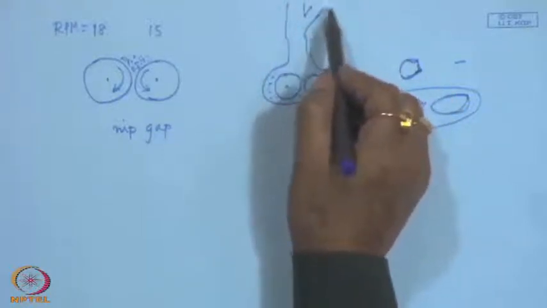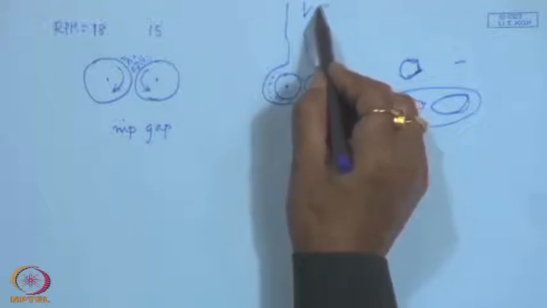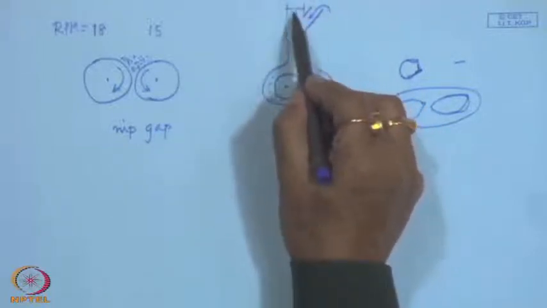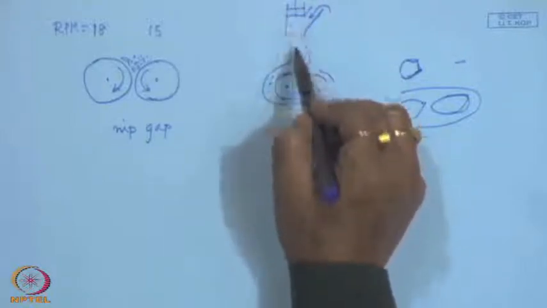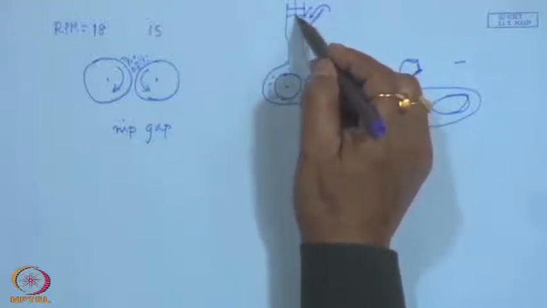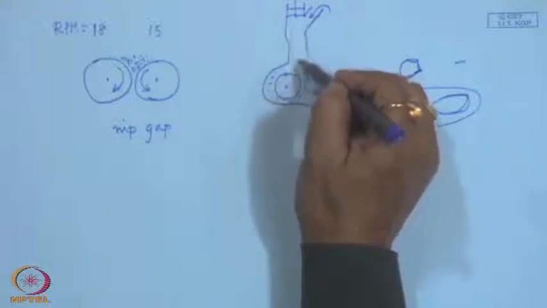The polymer can be inserted through this hopper, and there can be a ram which can move up and down this way to carry this material from the hopper into this zone.